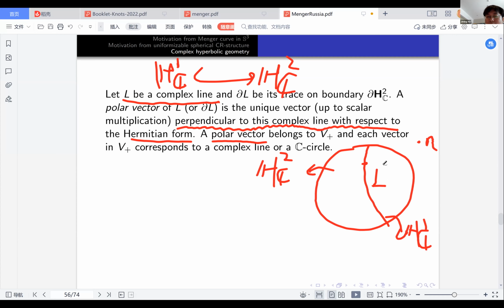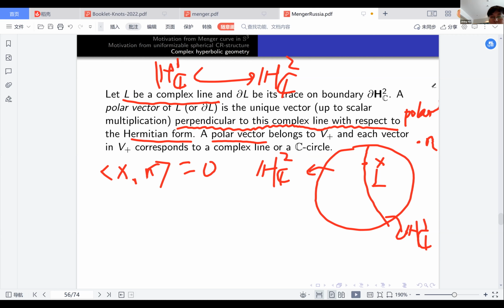So for x in L, the form of x and n is 0, right? So n is the so-called polar.